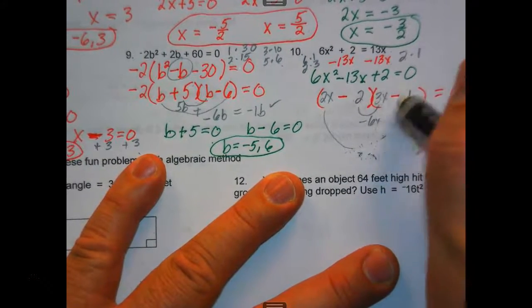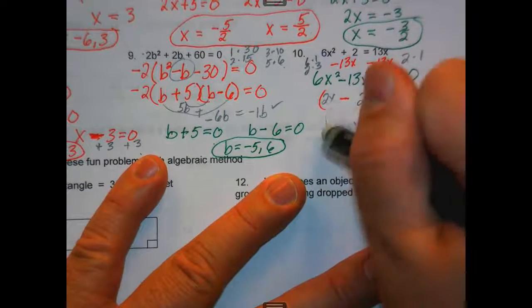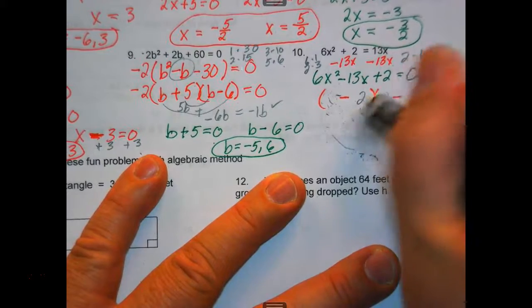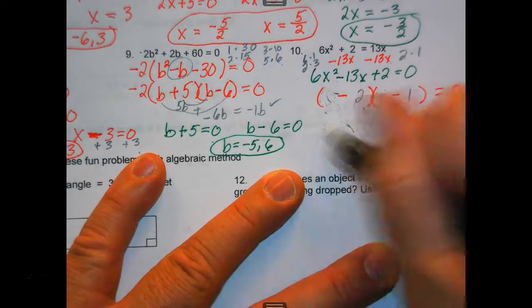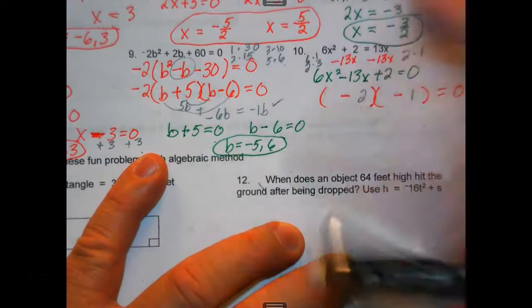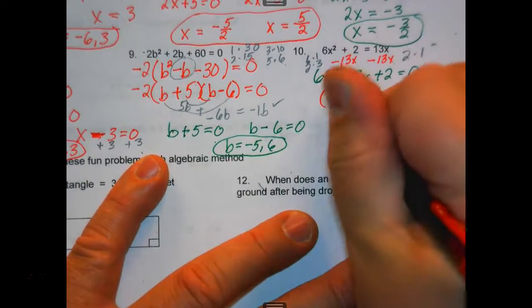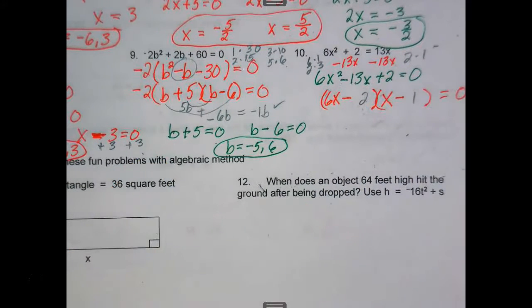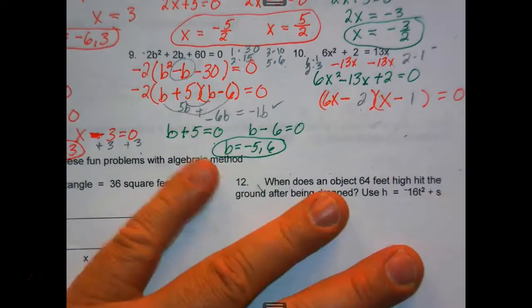So we need to use 6 and 1. Okay, so you want to try 6x. It has to be 6x next. Change the 2 and the 1.